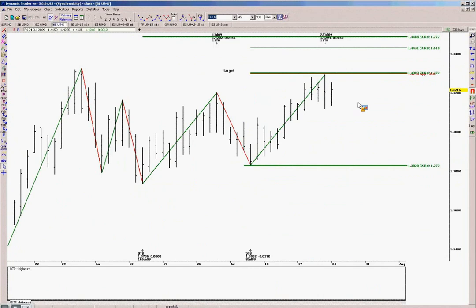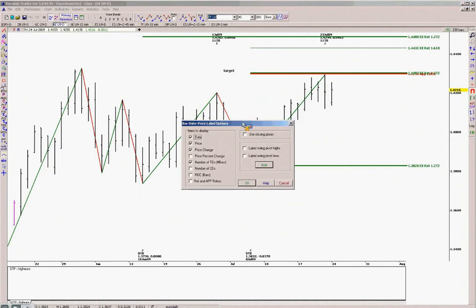Now, I also noticed just by eyeballing it that the swings in time look very similar. So I just used the price labels in DT. Again, this is where you can choose what to label. So I usually label the date, the price change, and the number of trading bars.